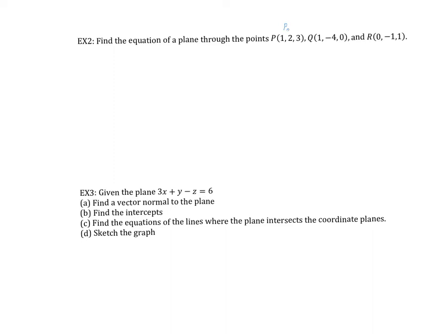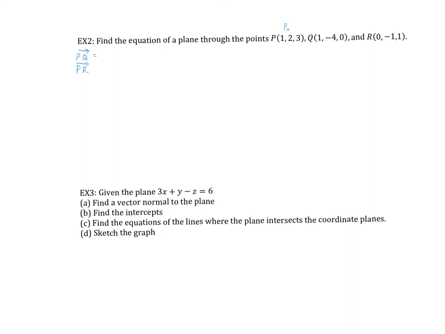And since I know that Q and R are also on the plane, all I have to do is figure out what the vector PQ is and the vector PR. That gives me 2 vectors in my plane. If I cross those 2 vectors, then I'll get my normal vector.